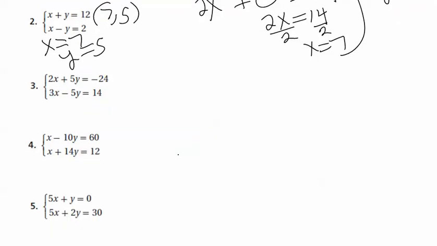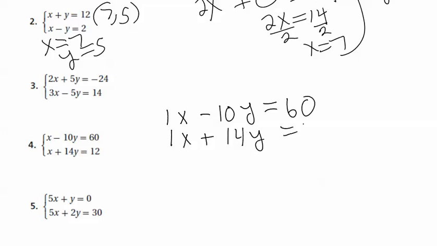Number 4 is not yet set up for elimination because I don't have like 10y and negative 10y. I have 1x minus 10y equals 60, and I have 1x plus 14y equals 12.